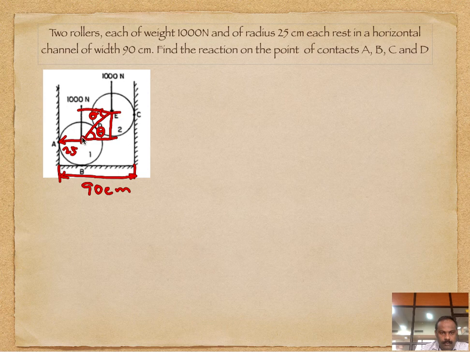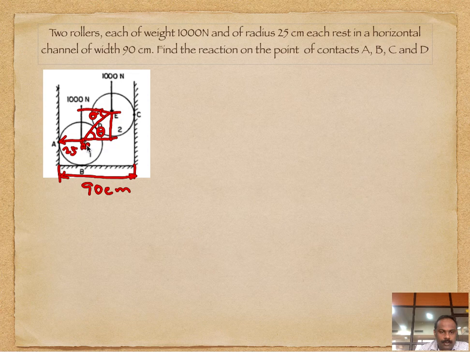Suppose we need to find the length from here to here. The easiest way is you reduce 90 by the radius we know. If you want to find this length, you reduce this one. So 90 minus 25. I'll name the points, that is easier.